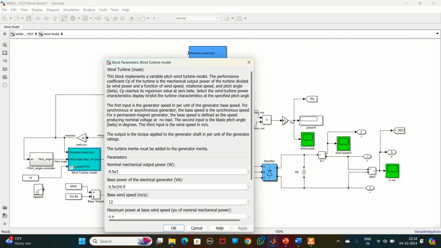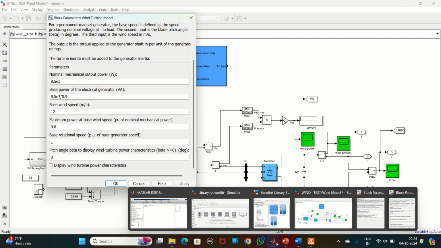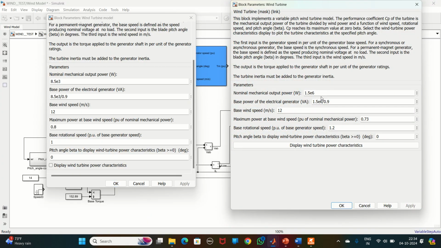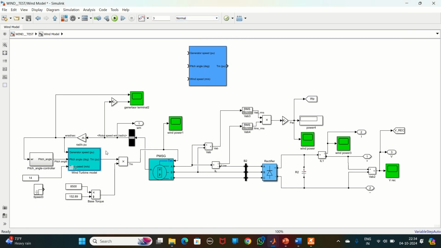These are the actual model values, so you can type the same values here and press OK. Then you can remove this model and place this model here. That's it. If the advanced version does not support it, you can replace it this way.